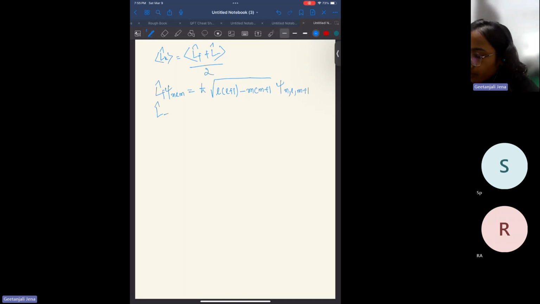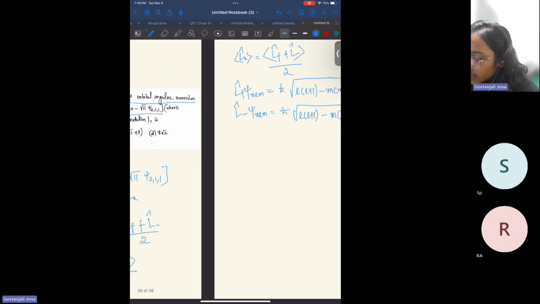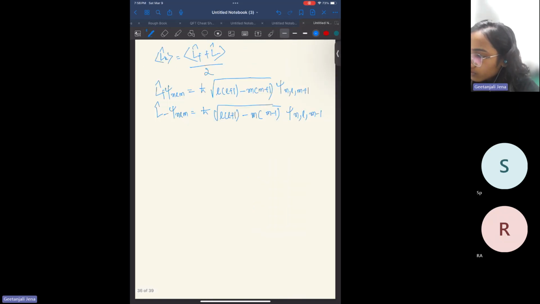Similarly, when L minus acts on psi n l m, it gives psi n l m minus 1. Okay. So psi is already given to you.